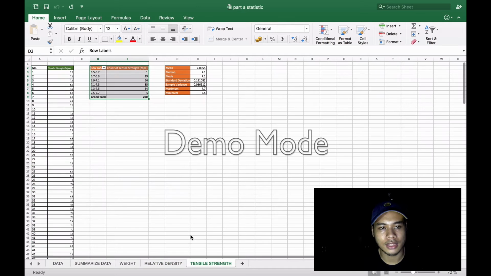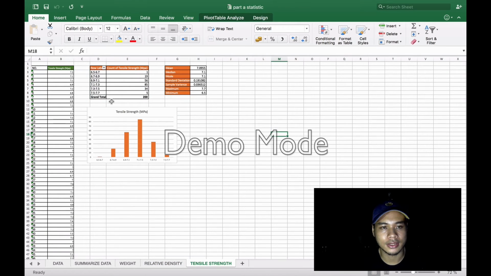For tensile strength, I use the same method as weight and relative density. This is the tabular form, and because the difference is very small, I choose to use 0.2. The difference is 0.2: 6.5 until 6.7, 6.7 until 6.9, until 7.5 to 7.7.